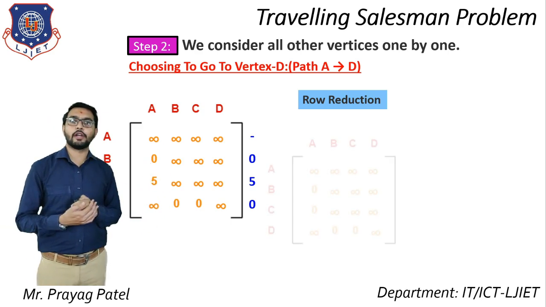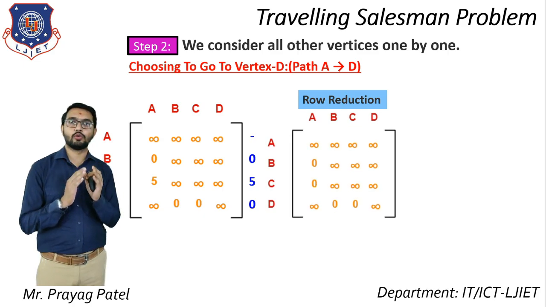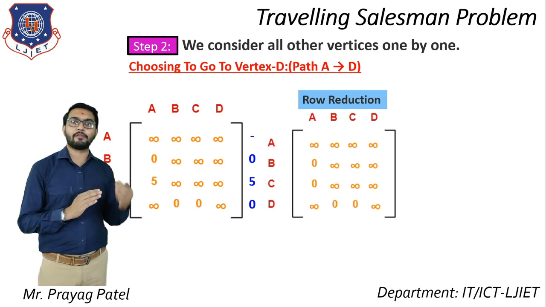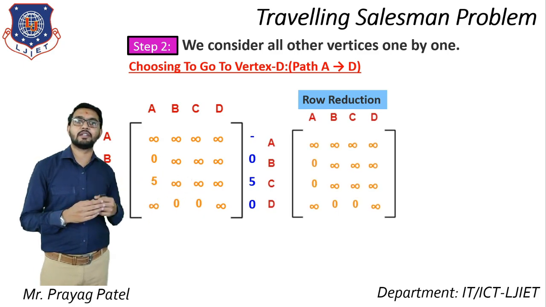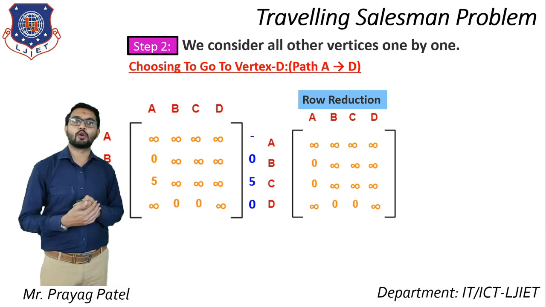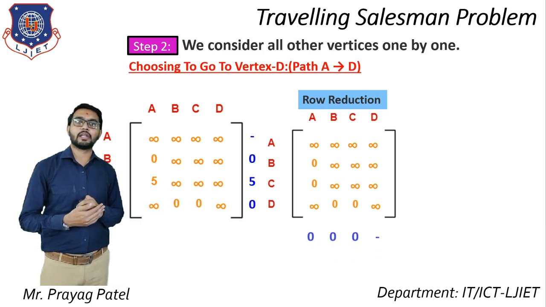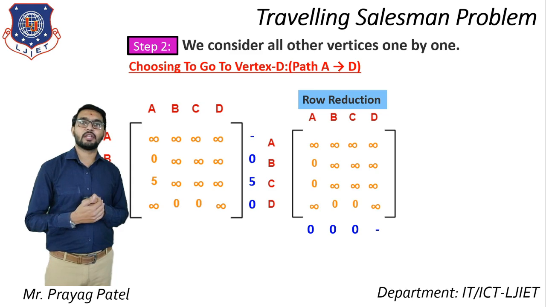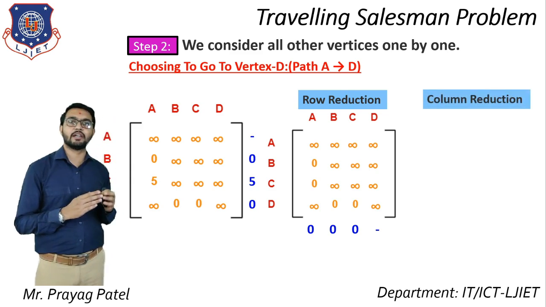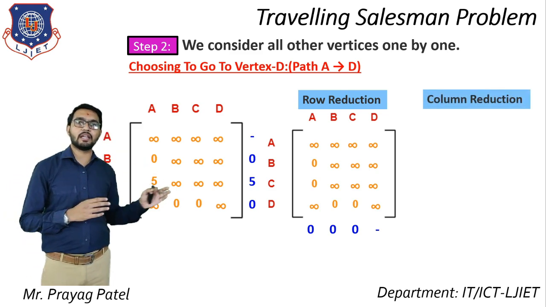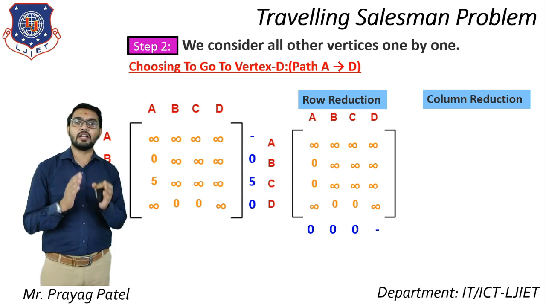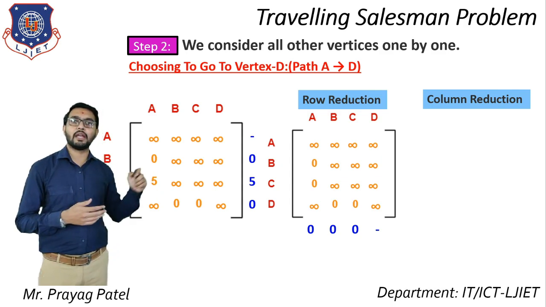So for row reduction, subtract 5 from the third row, row C. So the resultant matrix has a 0 value in location CA. After that consider the column reduction operation. For column reduction, consider each and every column, and each column contains one 0 value. So no need to perform any operation.